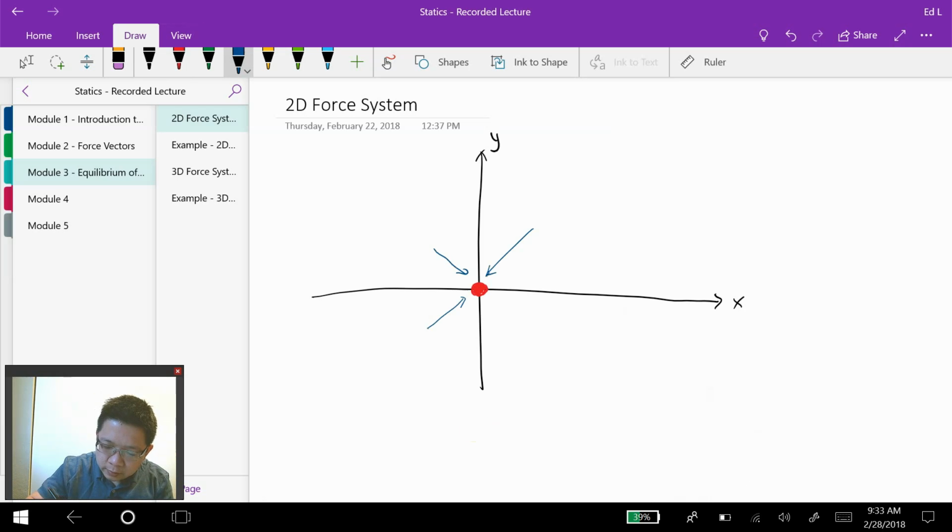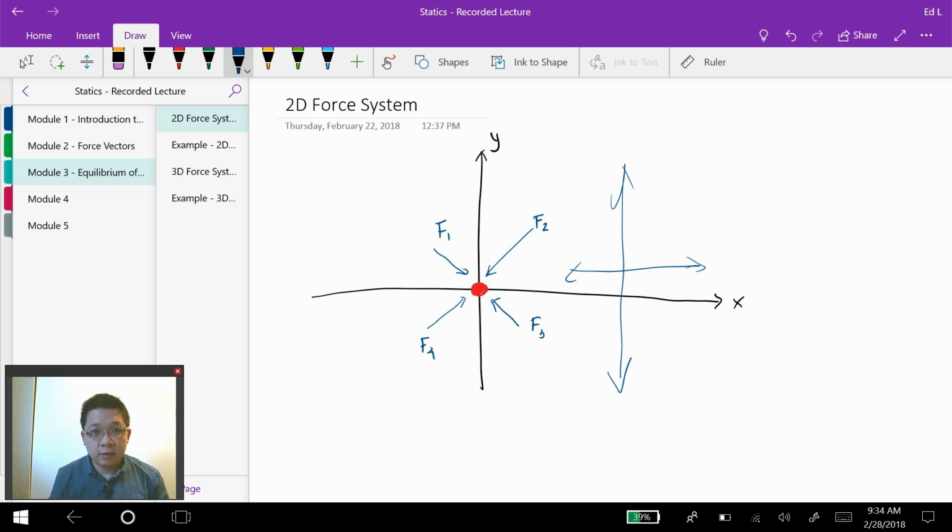Let's call those forces F1, F2, F3, and F4, right? And as we discussed earlier, in a two-dimensional system there are two translational motions, which is along the x-axis and along the y-axis, right?